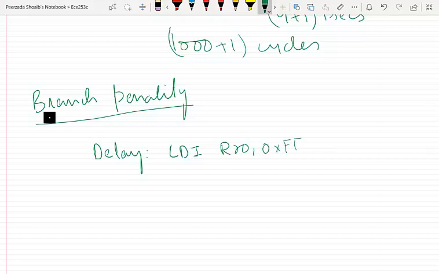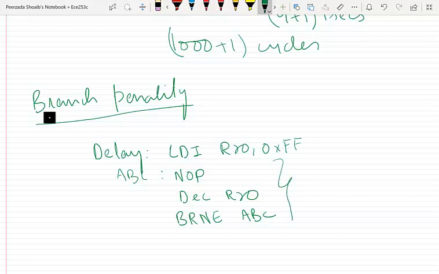I'm using R20 as my counter. Then I'm writing a no operation statement, NOP. Then I'm decrementing this R20 and BRNE, branch if not equal to 0, to ABC. If it has not reached 0 yet, I will go back to ABC and again execute these instructions, and if it has reached 0, I will return to the main program.